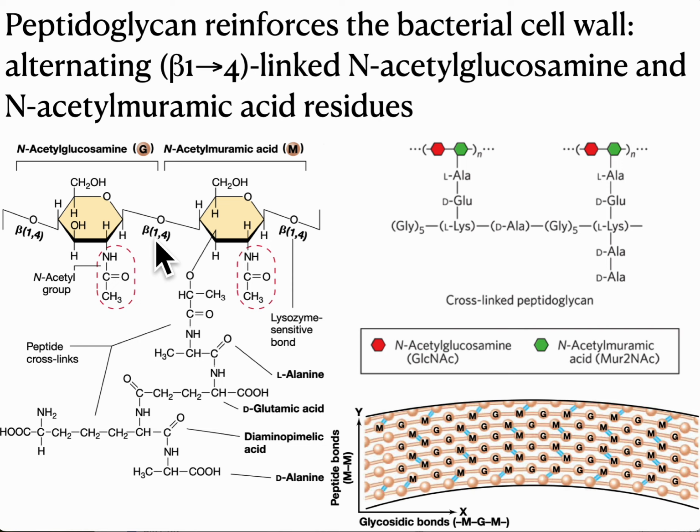And the enzyme is found in human tears, where it can presumably defend ourselves against bacterial infections of the eye. And basically the structure of peptidoglycan reinforces the bacterial cell wall.